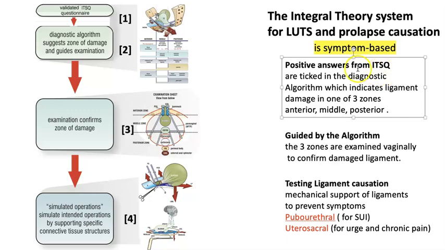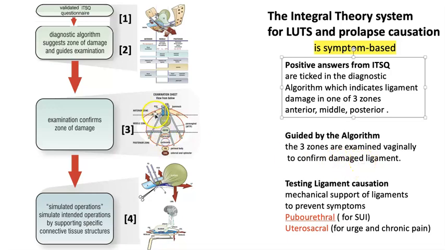The positive answers are ticked in this diagnostic algorithm, which has 3 zones: anterior, middle, posterior. Guided by the algorithm, the answers here, whether it's anterior, middle, or posterior, the 3 zones are examined vaginally to confirm damaged ligaments.